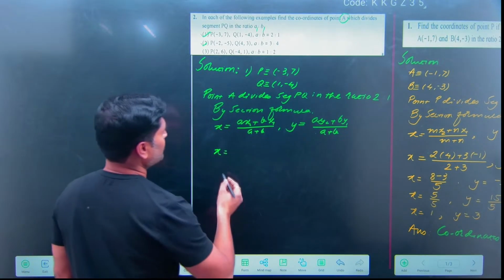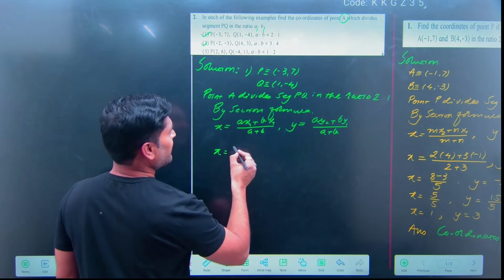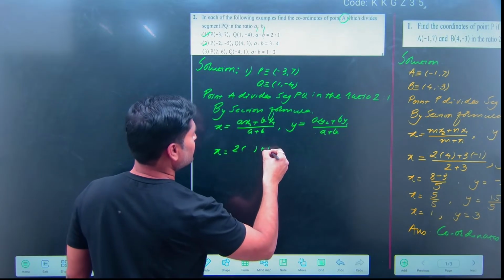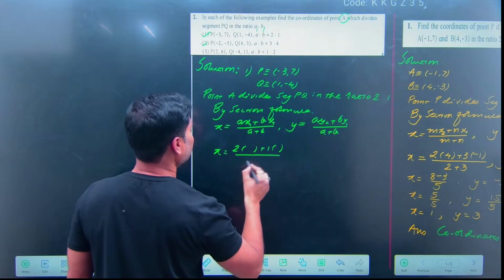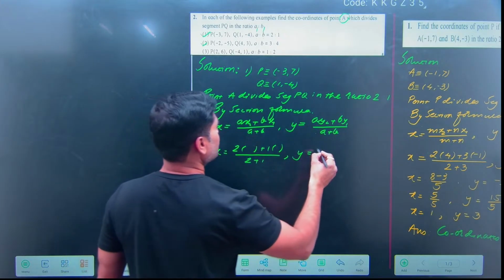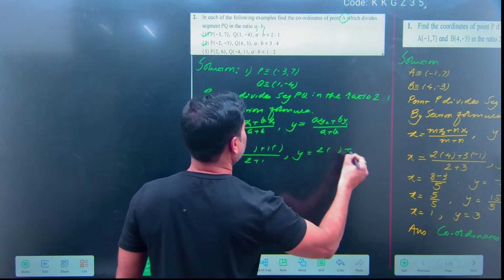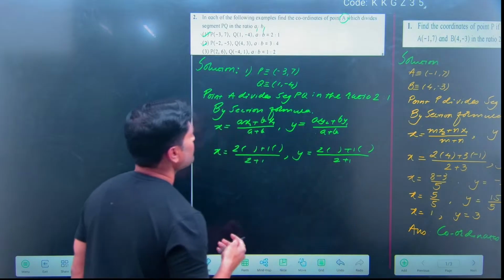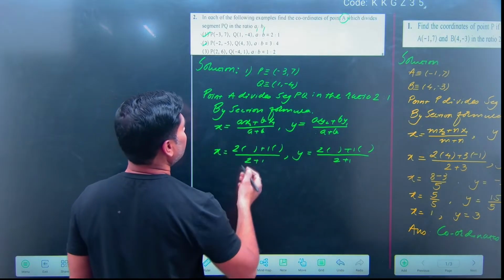Values put करायच्यात परत. The value of a is 2, that into some coordinate, and that of b is 1 into, we will put the coordinate later. So 2 plus 1. So y is equal to again 2 into some coordinate and 1 into again some coordinate, that upon 2 plus 1. So let's put the value of x2 and x1.